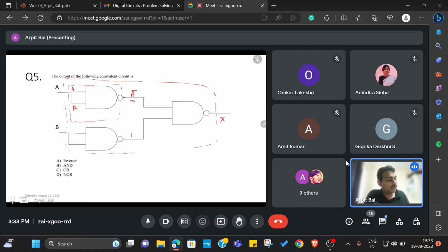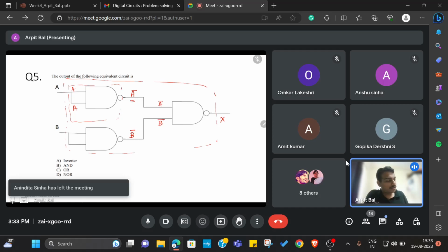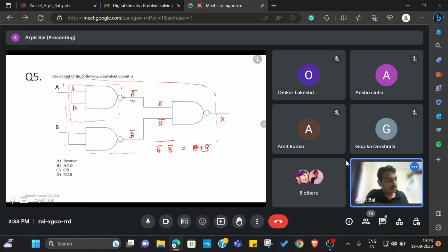Similarly here we will have B bar. Okay, then we can see A bar dot B bar. So we will be having A bar dot B bar whole bar is equal to A plus B, right? Everyone mentioned it correctly, that is the OR gate.